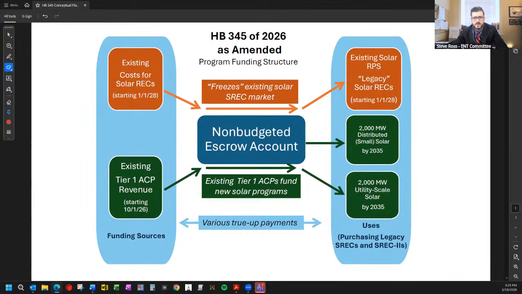Let's say it's 15 years. For the 2000 megawatt one, that's a 15-year incentive.